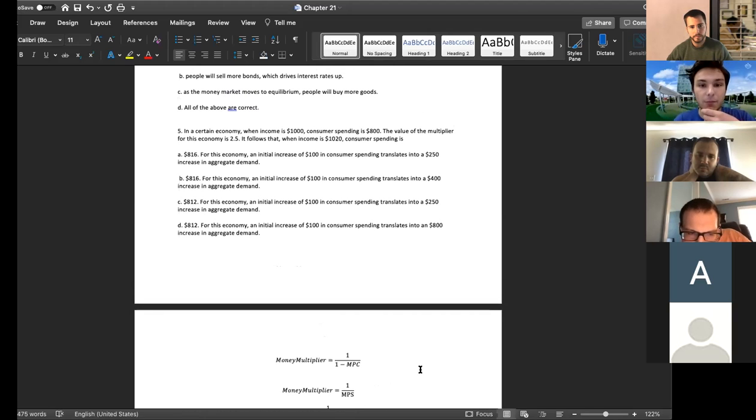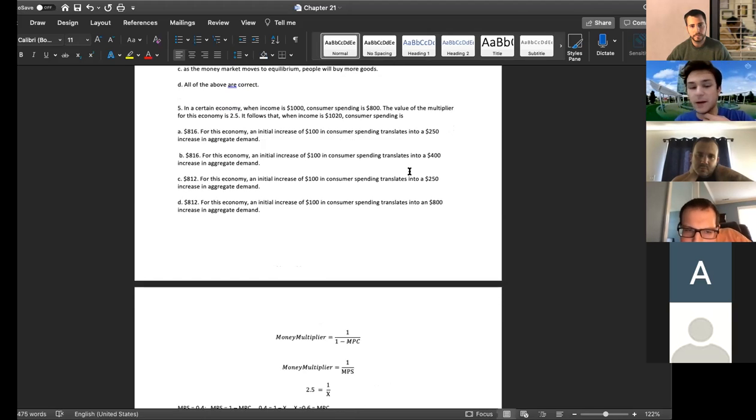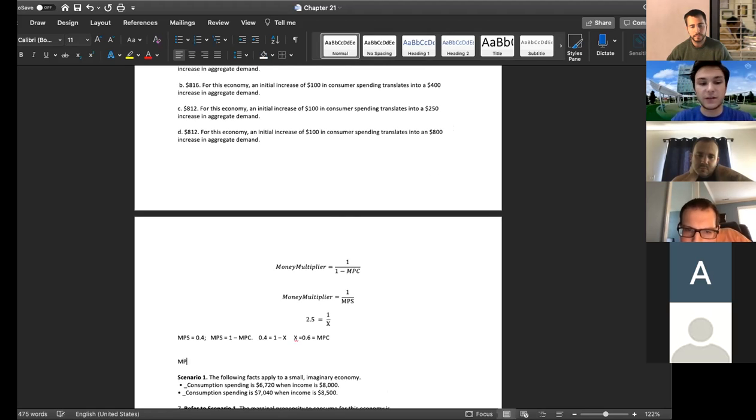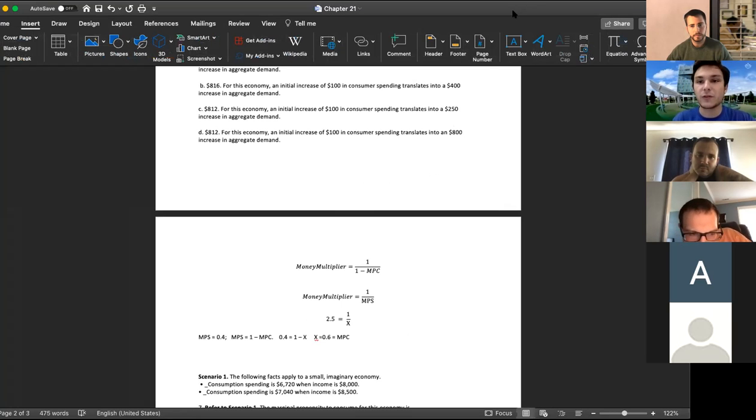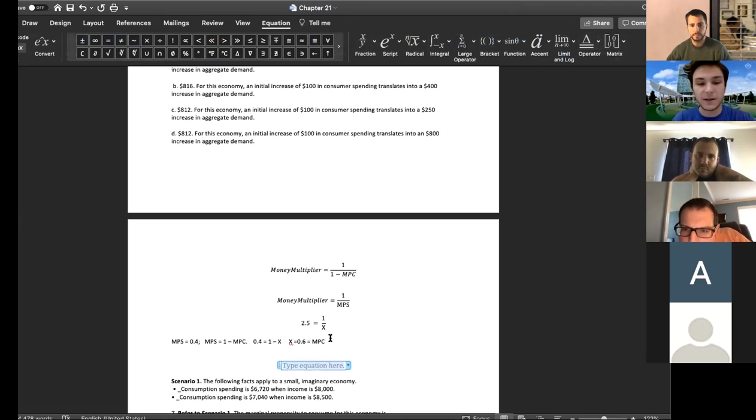Now, for the second portion of this question, what is the marginal propensity to consume? As I talked about in the textbook, and I won't give too much of a definition just on time, the marginal propensity to consume is simply your change in consumer spending divided by your change in income.